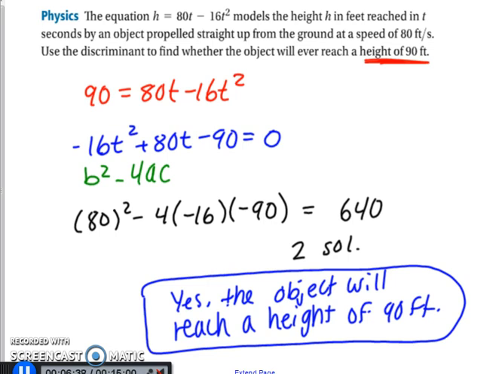If we get a negative number, then our answer would be no. So when we plug this in to find the discriminant, a 0 or any positive number means that yes, it will reach the height or whatever the question's asking. If we plug it in and we get a negative number, it's no, it won't reach it.